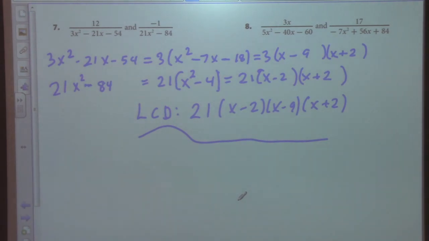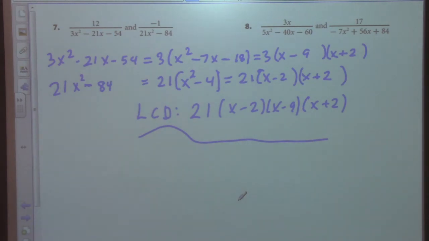But there's plus 2 on both. Yeah, that means you need it. You need it if it only appears in one of them, and it even helps you more if it happens to be in both. Okay, thank you, Jace.